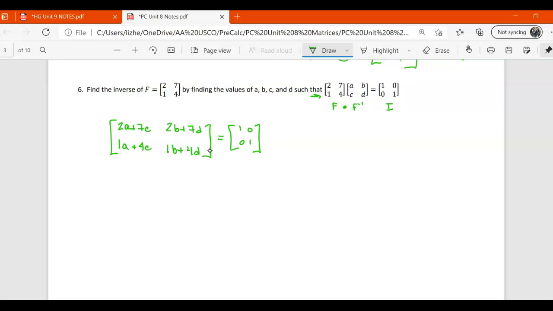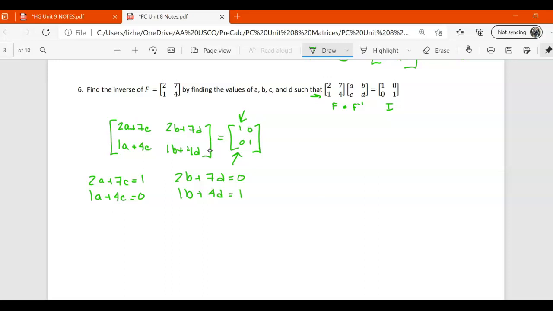So that means 2A plus 7C has to equal 1. And 1A plus 4C has to equal 0. And then over here, 2B plus 7D has to equal 0. And 1B plus 4D has to equal 1.